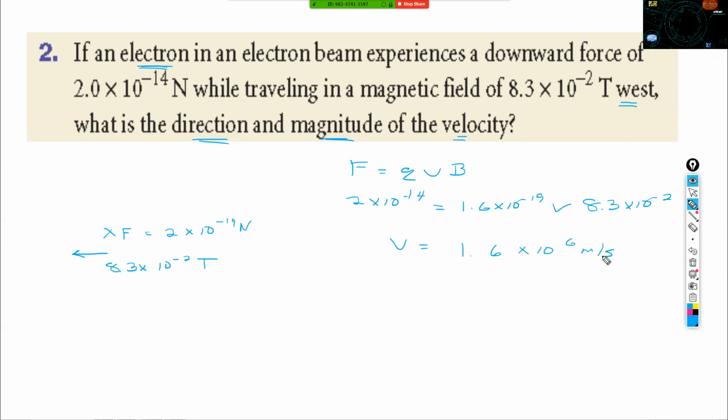Now it's my magnitude. The direction. Now, if you apply the right hand rule, okay, fingers go in the direction of the magnetic field. So my fingers right now would be pointing to the left, to west. Okay. My palm is going to be facing into the page. Okay. So if I now extend my thumb would be pointed south.